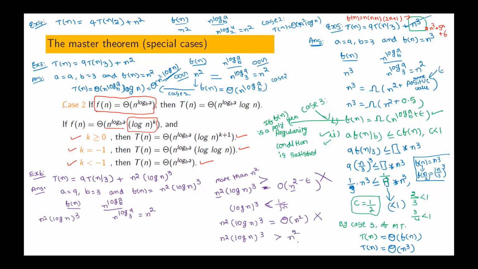Is that correct or not? N square log n whole cube is greater than n square. Everything is with respect to order of growth. Order of growth of n square log n whole cube is greater than order of growth of n square.